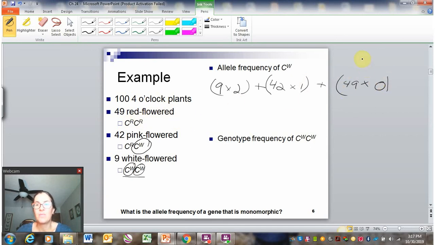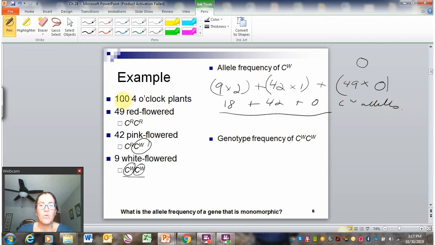Again, you don't have to do that, but I'm illustrating where I'm getting these values from. So that would be 0. So 9 times 2 is 18, plus 42, plus 0. That's my top value for the equation. These are the number of CW alleles in this population.